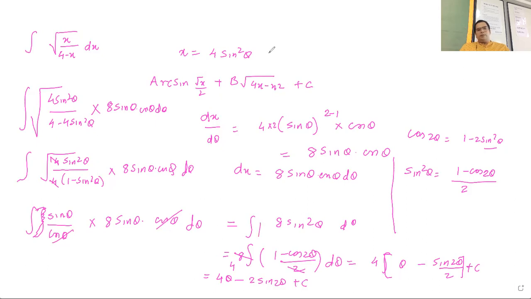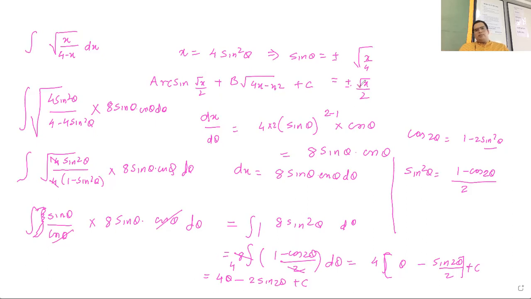Our next step is to actually see how to replace back the things. So from here, I would make theta the subject. So sine theta is going to be plus or minus root x over 4, which is plus or minus root x over 2. So since it has been specified that, let's say, the angle is in the first quadrant or something like that, you have to choose just the positive value.